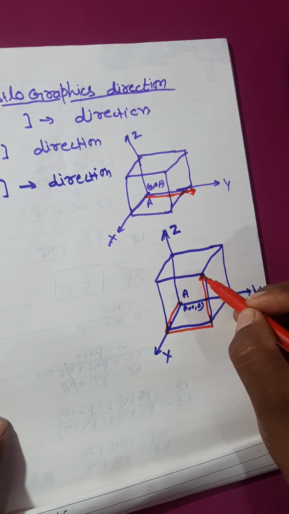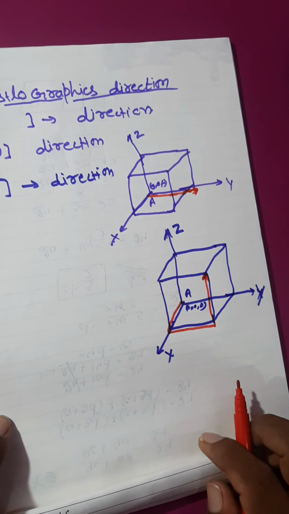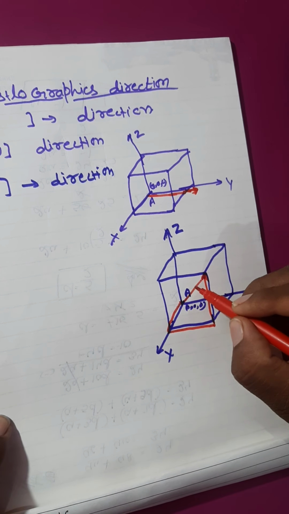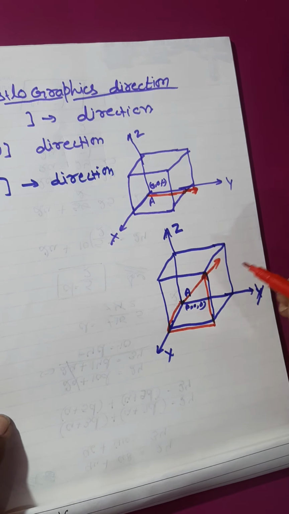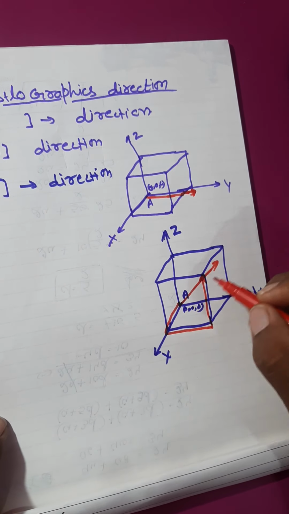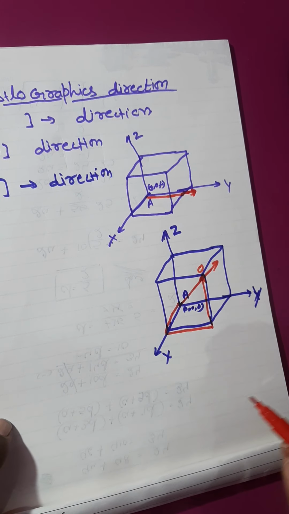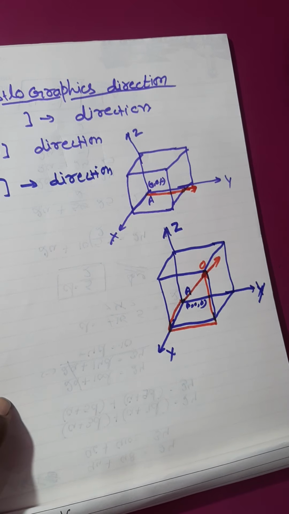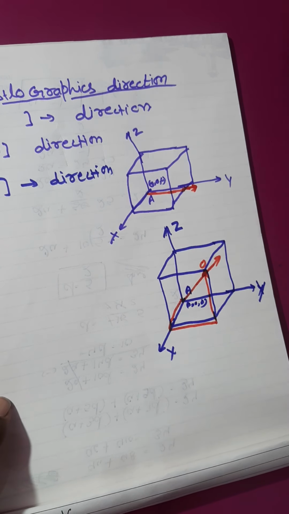So this is the end point. Now from origin to the end point we mark it, and this will be the final direction. That means from A to O is the direction of the given Miller indices.